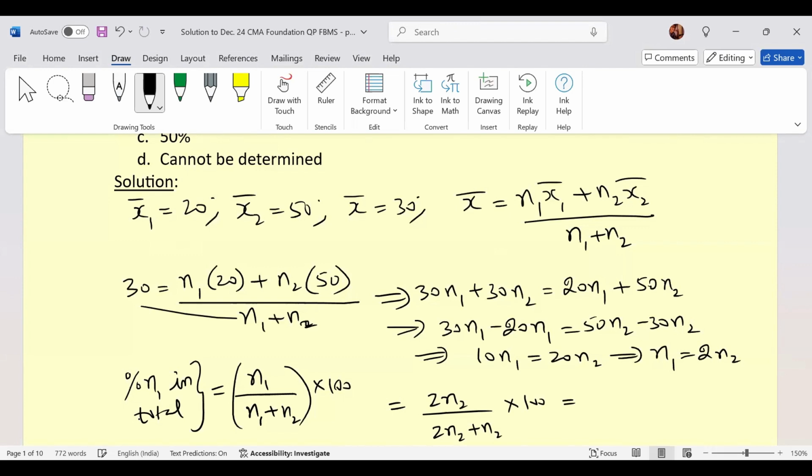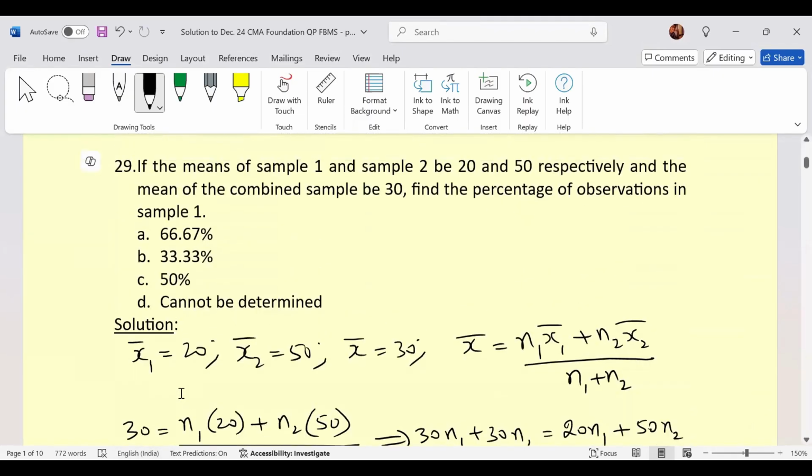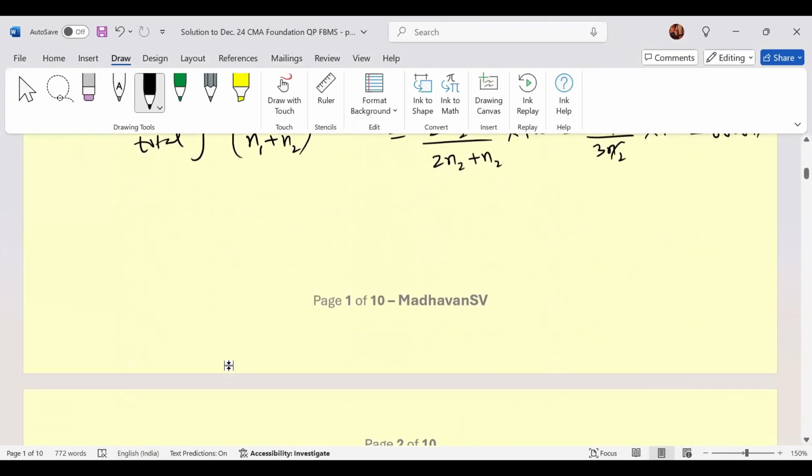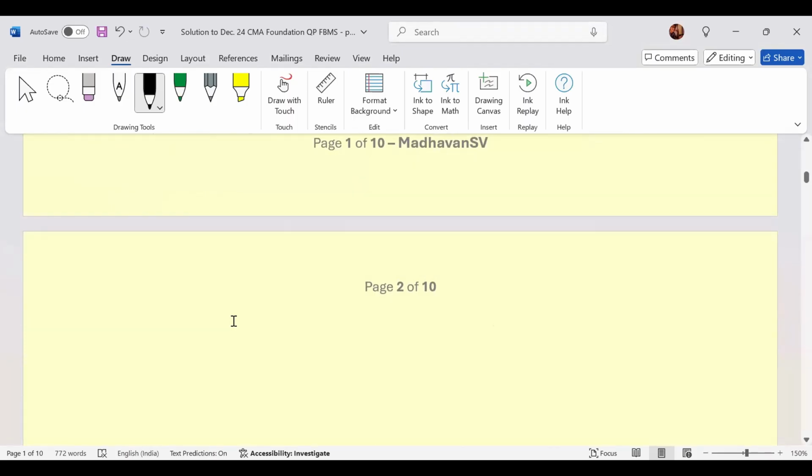That we will get 2 n2 divided by 3 n2. n2 and n2 get cancelled, into 100. So that will give you 66.67%. That will be the solution. So our option will be option A. Let us move on to the next question.